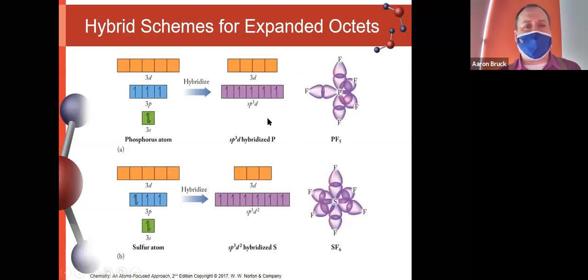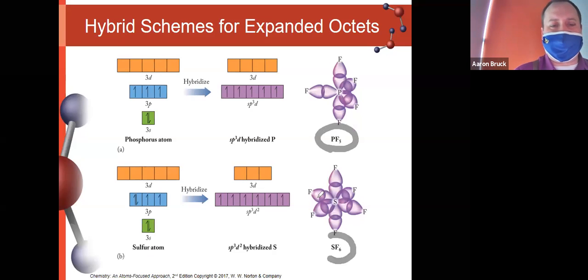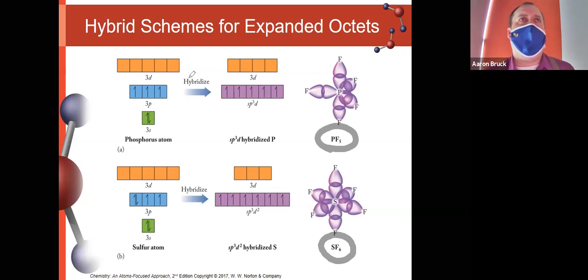So what does that look like? Where are we seeing this happen? Phosphorus pentafluoride. We've got a highly electronegative fluorine that is just anxious to bond, and it forces phosphorus into making another covalent bond.